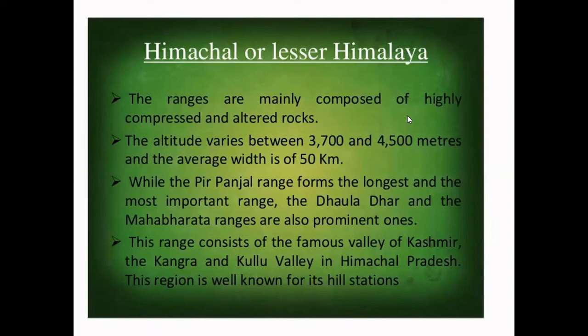Now we'll talk of Himachal or the Lesser Himalayas. Now this range is mainly composed of highly compressed and altered rock. The altitude in this mountain range varies from 3,700 to 4,500 meters, and the average width is 50 kilometers.